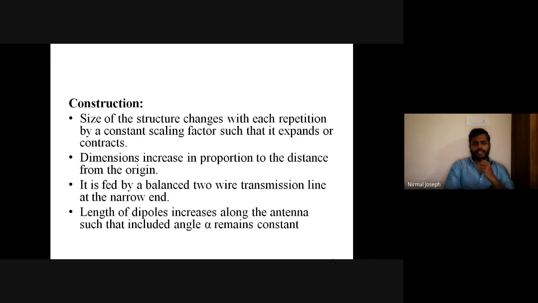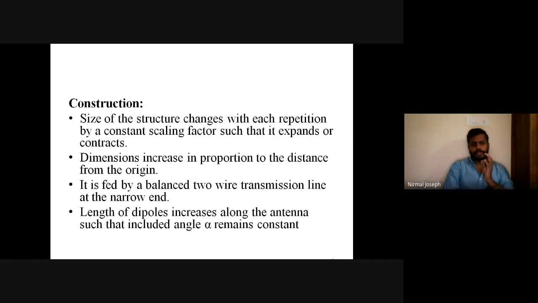Suppose the length of the first element is A. Taking the logarithm of that, we get log A. The second element is 2A, then the third element will be 4A, like that. And if A is also 2, the size of the first structure A is 2, then the scaling factor is also 2. The first element will be 2, the second element will be 2 into 2, that is 4 or 2 squared.